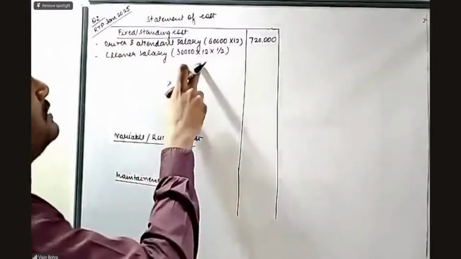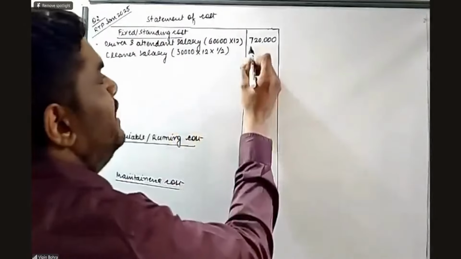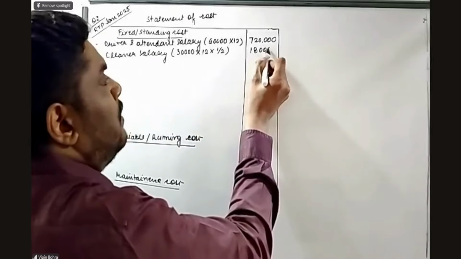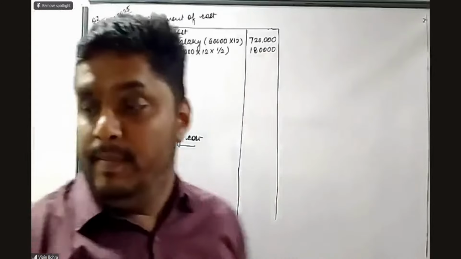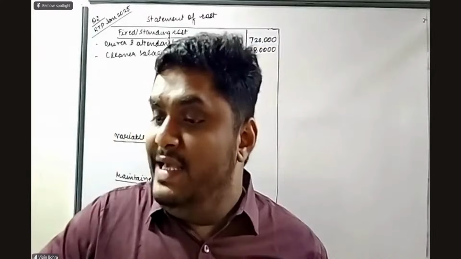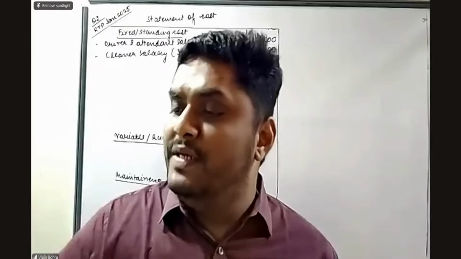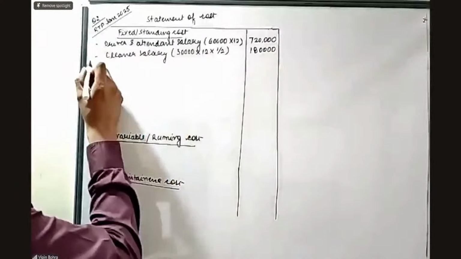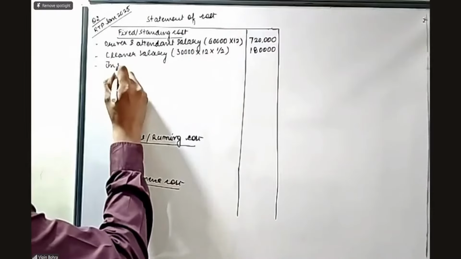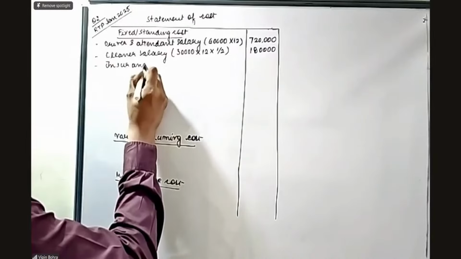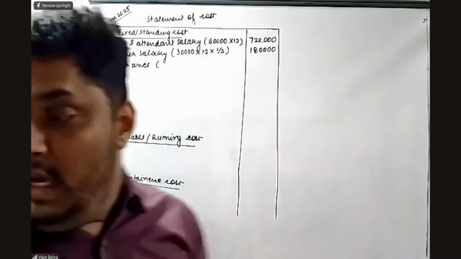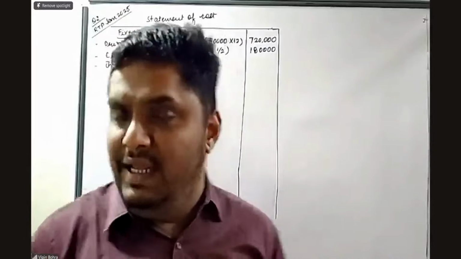So the total cost is 360 divided by 2, that is 1,80,000. Diesel will be a variable cost that we will consider separately. Insurance charges are 2% of the purchase price. And when talking about the purchase price of the bus, it is 30 lakh rupees.